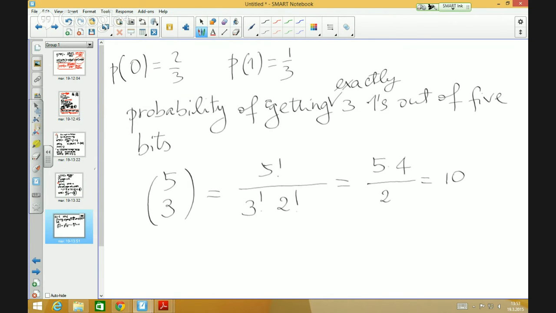So that should be 10, unless I'm mistaken. So there are 10 possible bit strings that have exactly 3 ones. Okay, so what is the probability that a bit string of length 5 has 3 ones?